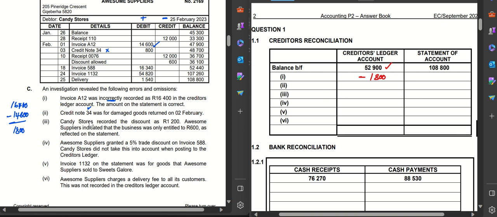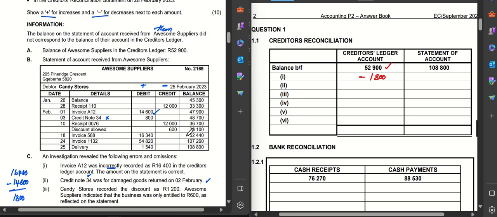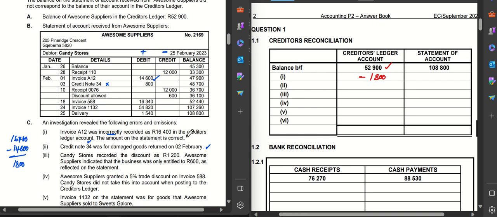Number 2 then reads, credit note number 34 was for damaged goods returned on the 2nd of February. All right, so there is a credit note which is for goods returned on the 2nd of February. Let's see what those goods are for. So you can see here is the credit note for 800. And we have agreed that once it's a credit note, it must be on the credit side here because it is for goods returned, so it must decrease this account.